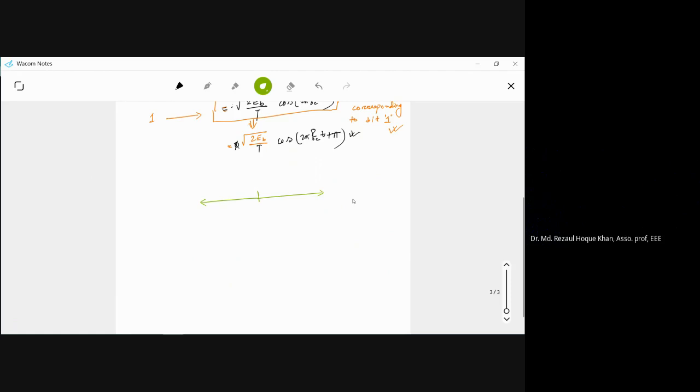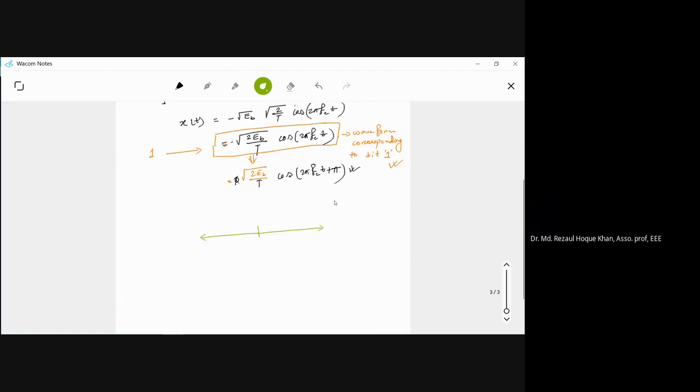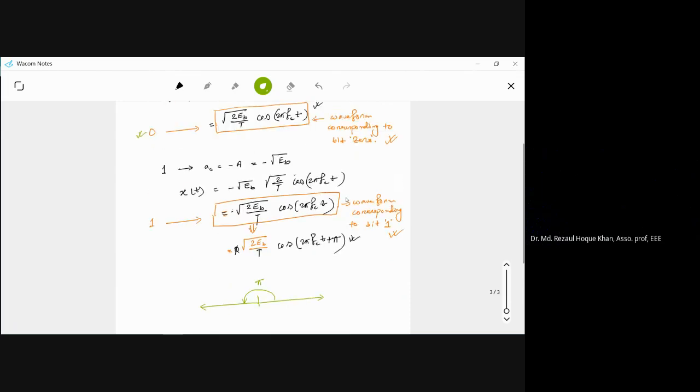If their shifting is pi, this signal represents 0 here, and by shifting pi it comes here. You see, they are antipodal.